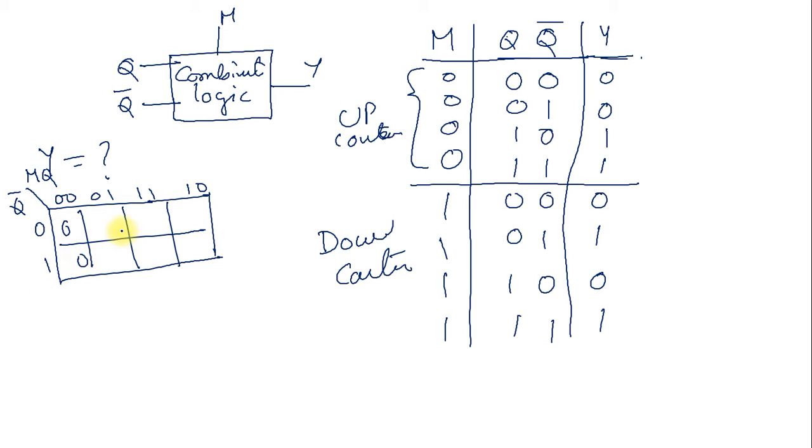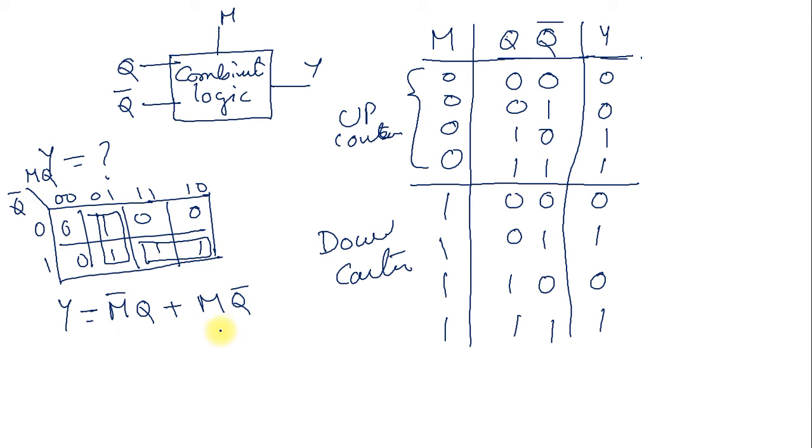So from here we can group this. Here we can formulate Y equals M complement Q, and here it is M Q complement.